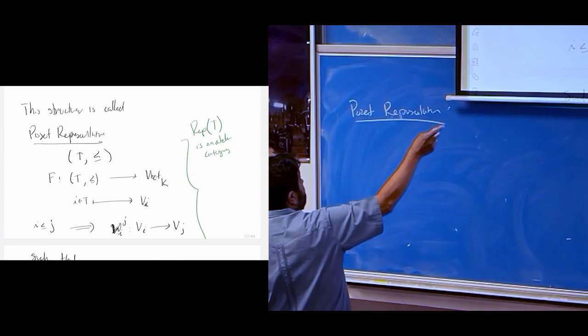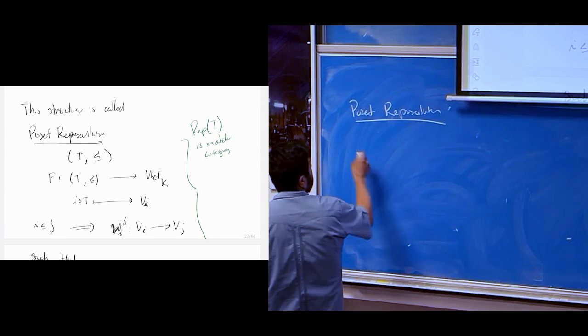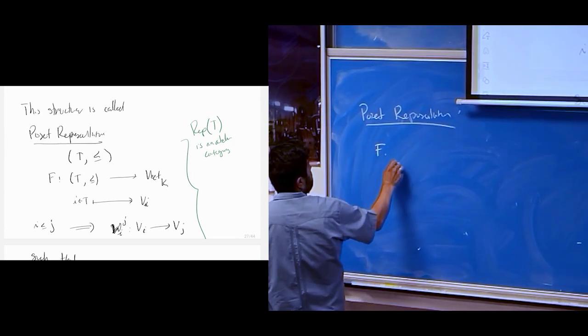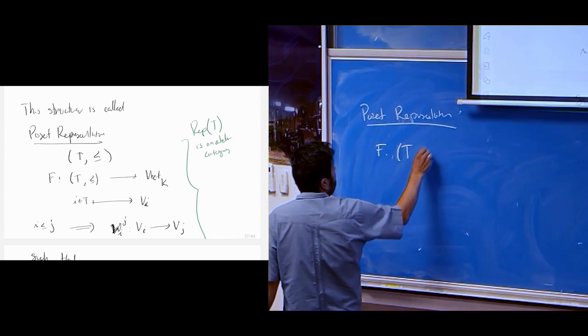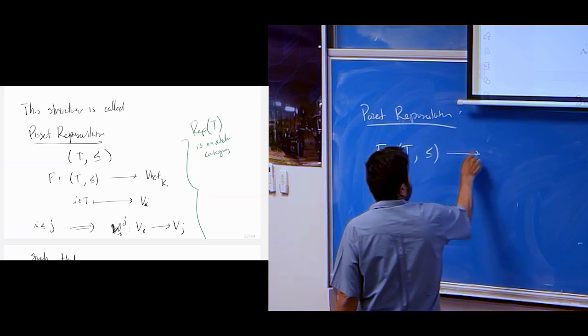But in general, if you have a poset, a representation means just mapping the elements of the ordered set.